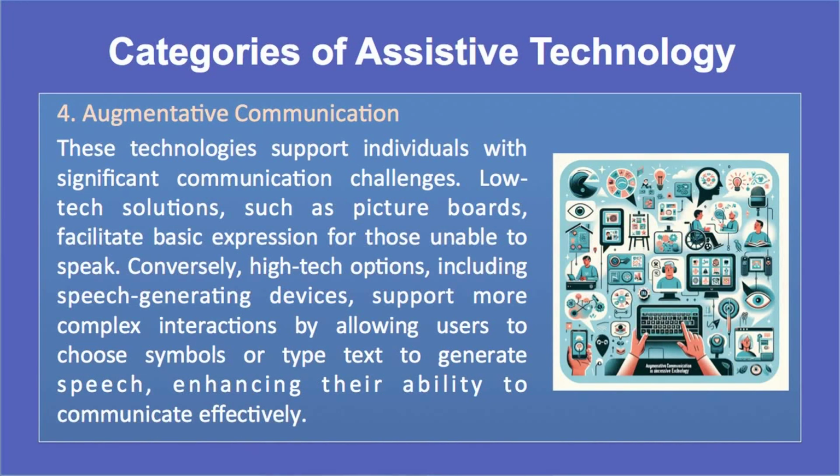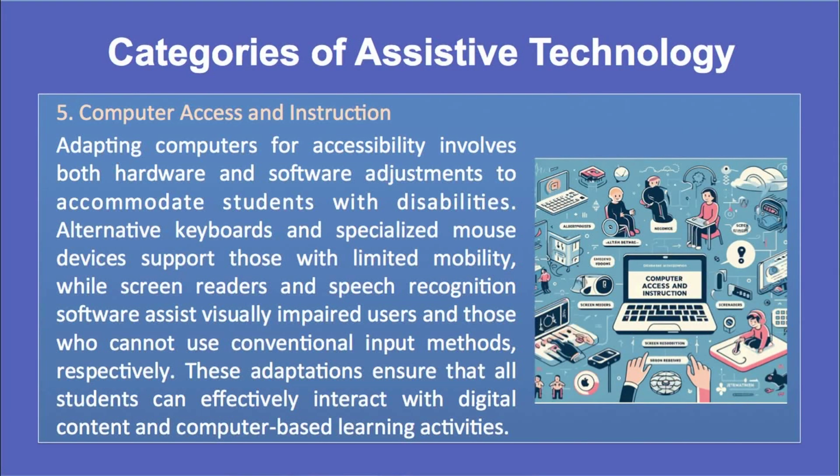Augmentative communication. These technologies support individuals with significant communication challenges. Low-tech solutions such as picture boards facilitate basic expression for those students who are unable to speak. Conversely, high-tech options including speech-generating devices support more complex interactions by allowing users to choose symbols or type text to generate speech, enabling their ability to communicate effectively. Computer access instruction.